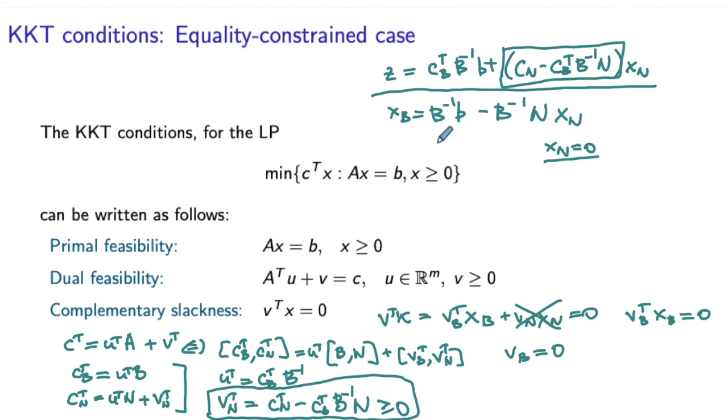As we can see, at every iteration of the simplex method, we have primal feasibility and complementary slackness automatically satisfied by the design of the simplex algorithm. Then we keep going until we also satisfy the dual feasibility condition. And as soon as we reach dual feasibility, we stop and conclude that the solution we get with the simplex method is optimal.